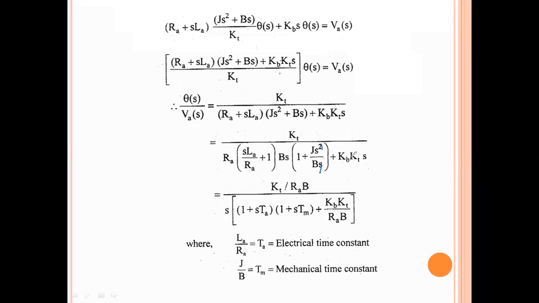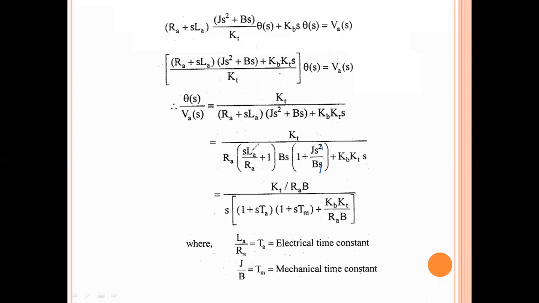In this term S will be there, here also S is there. So we can take S as common, because RA and B we bring to the numerator. So KT by RAB we have written like this. In this term we have S, and in this term also we have S, so take out S as common.